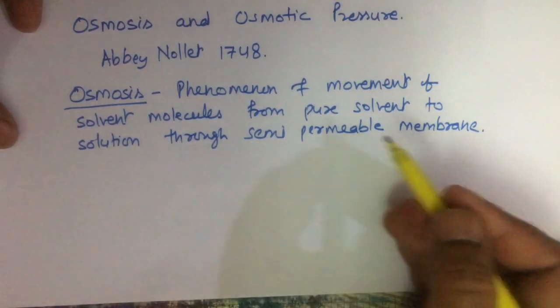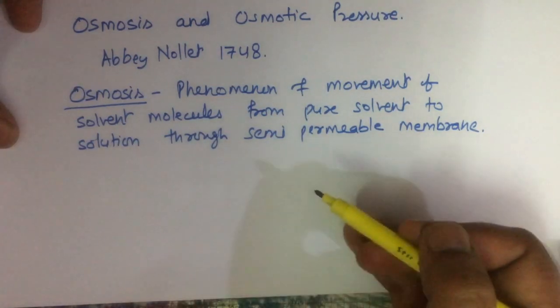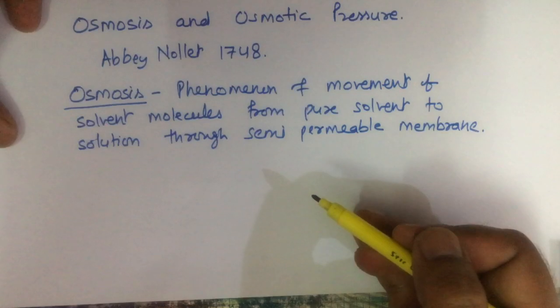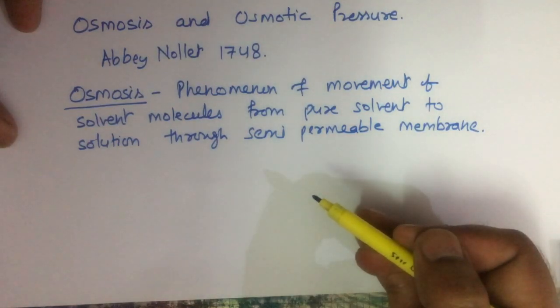If there is pure solvent and solution, the movement is from pure solvent to solution. If there is a less concentrated solution and a more concentrated solution separated by a semi-permeable membrane, then the movement is from the less concentrated solution to the more concentrated solution.